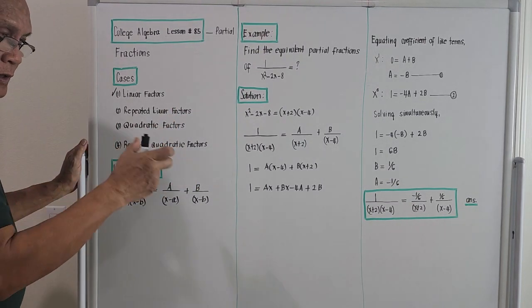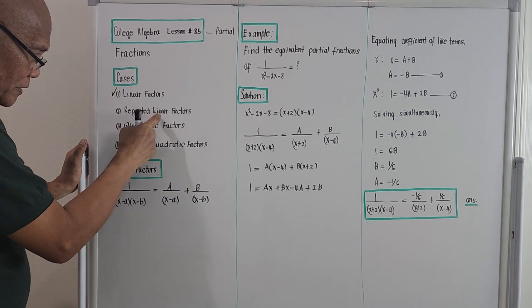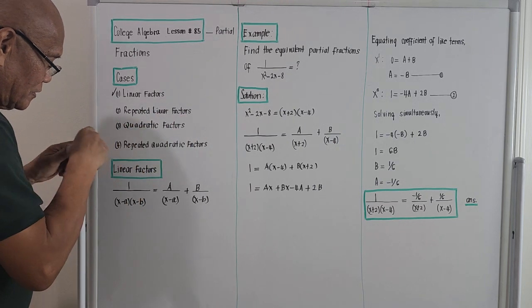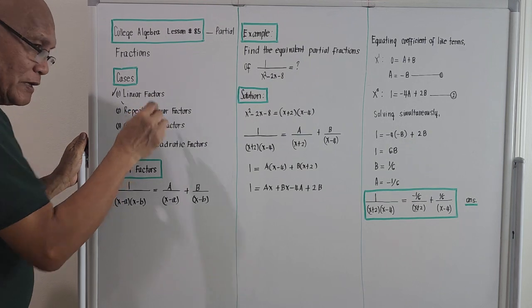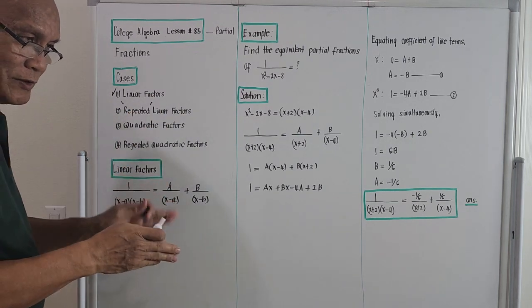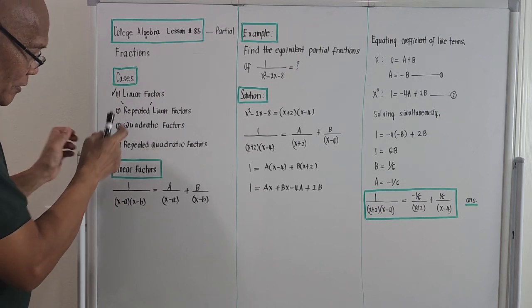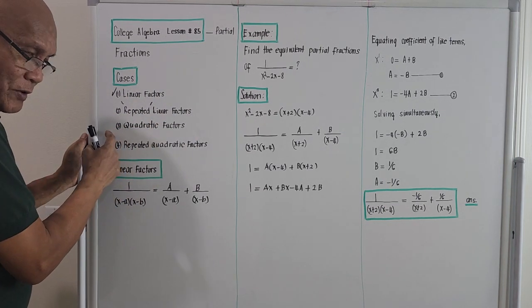Number 2, if the fraction involves repeated linear factors, they are linear factors but they are repeated. The approach for that problem will be different from the previous linear factor case.